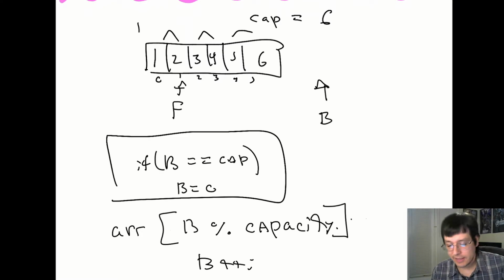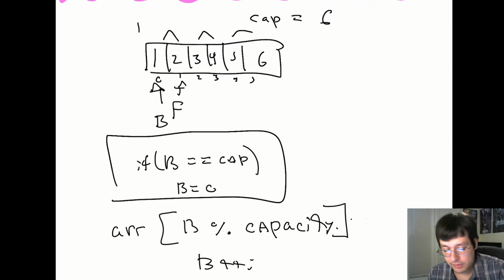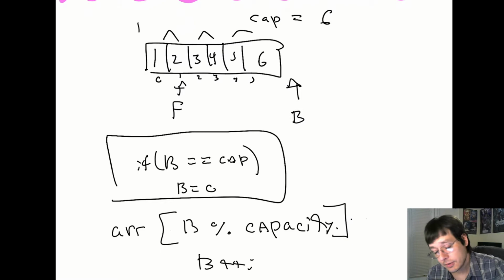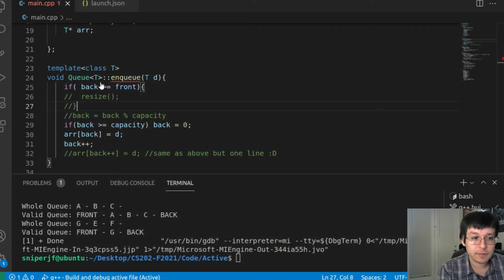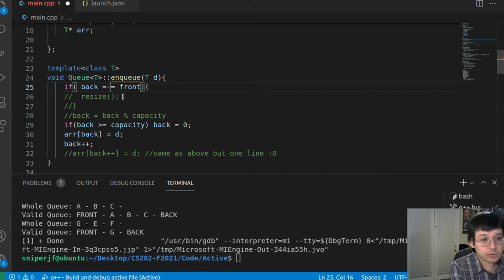Oh wait, no, I can't do greater than. I have to use equals. So here I have to play it risky, because if I do greater than, it's still actually okay. So I should make it equals. I'm saying if this goes here and touches here, then that means that we are about to overlap. So if back is equal to front, then that's when we want to call resize.